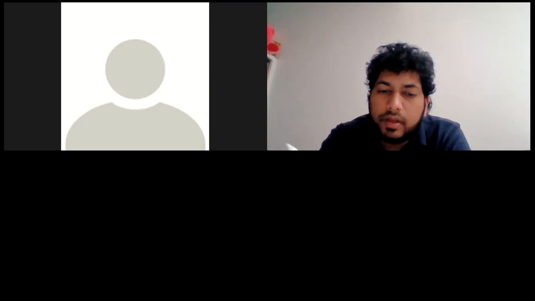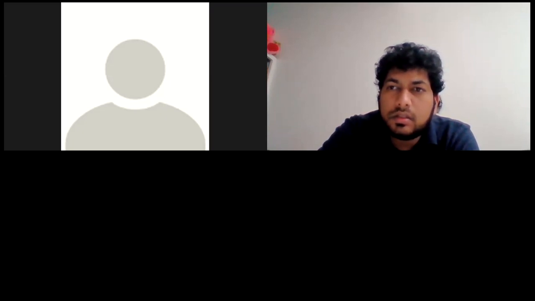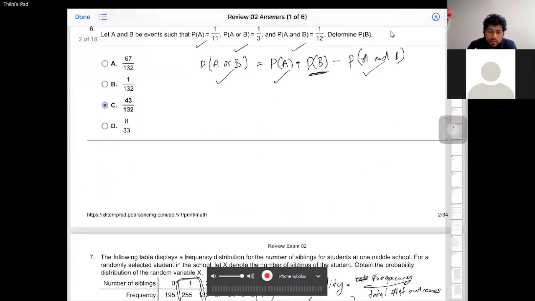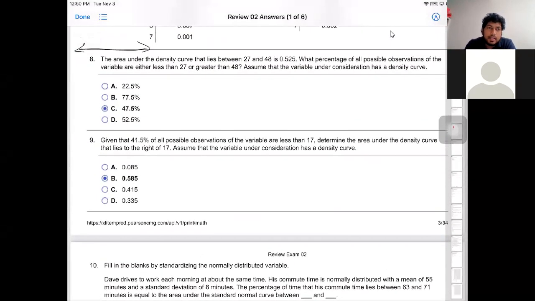Now let me check our review again. Yes, here. Area under the density curve. This is your density curve, the area under the density curve that lies between 27 and 48. You can mention your values here or here, it doesn't matter.